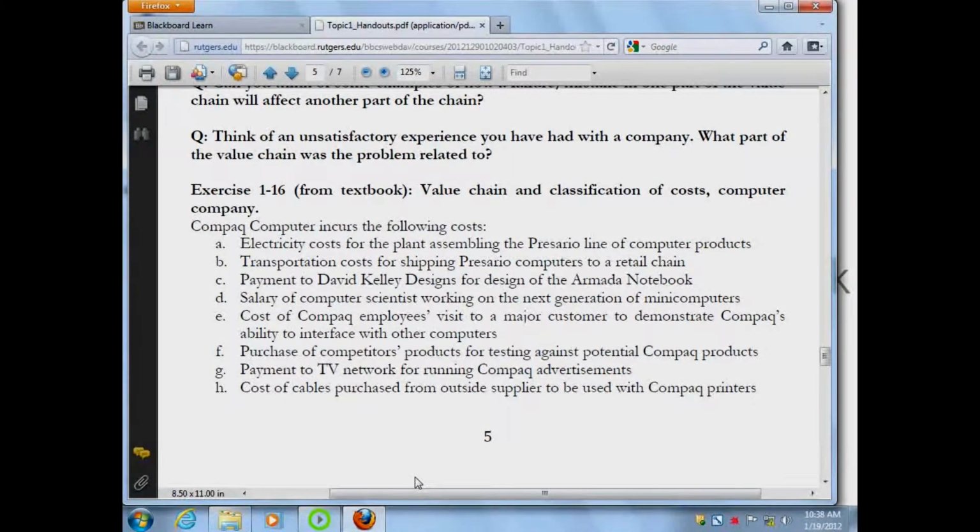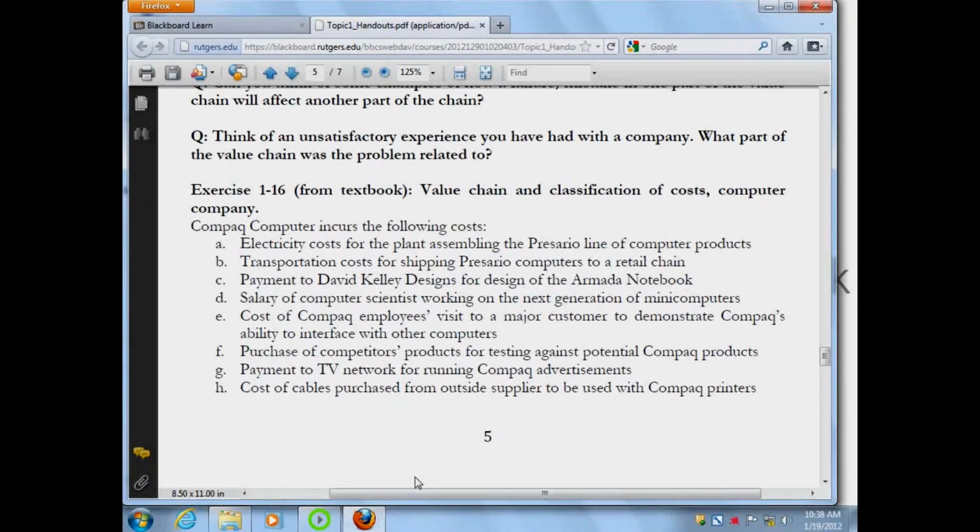It has the word design in there twice, so it's clearly a design cost. The salary of the computer scientist working on the next generation of mini computers could be a research and development cost. We really don't have enough information to figure out if this is an R&D cost or a design cost, but it comes from that general area.